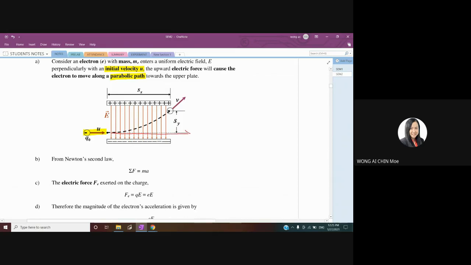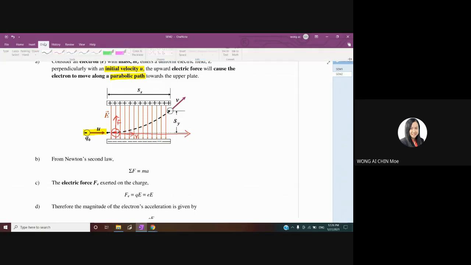But when we turn on the power supply, when there is a potential difference between the two plates and an electric field is produced between the two parallel plates, this electron not only will move to the right, but at the same time it will experience an electrostatic force. So at the end it will move in a parabolic path.